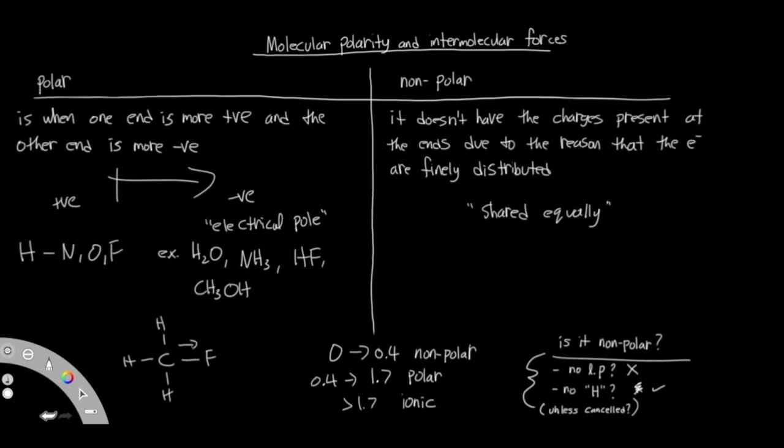So it's obviously going to be pointing in that direction. For the carbons and the hydrogens, it's going to be pointing towards the carbon. Now you can see that they are going to cancel out from here and here because they're the exact same electronegativity difference.